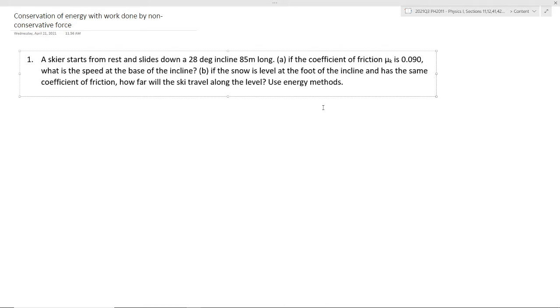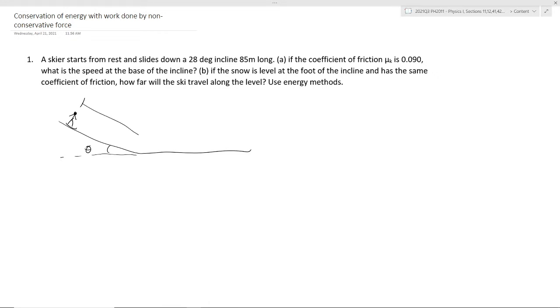This problem, a skier problem, is similar to one that's in the homework. A skier starts from rest and slides down a 28-degree incline. So think of theta equaling 28 degrees, and we have our skier here. The length of the incline is 85 meters, and theta is 28 degrees.